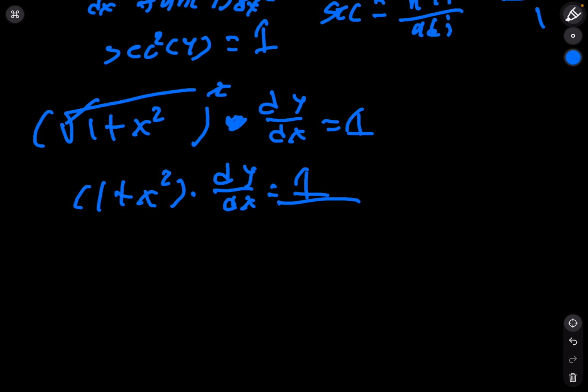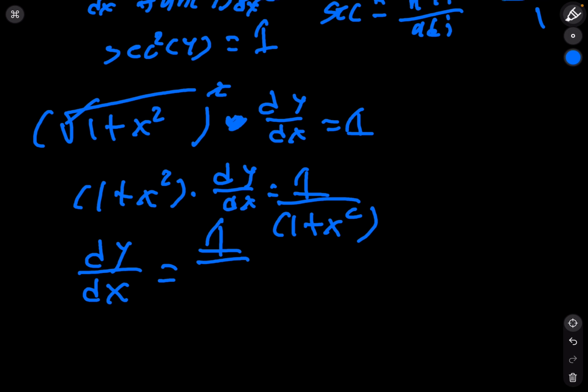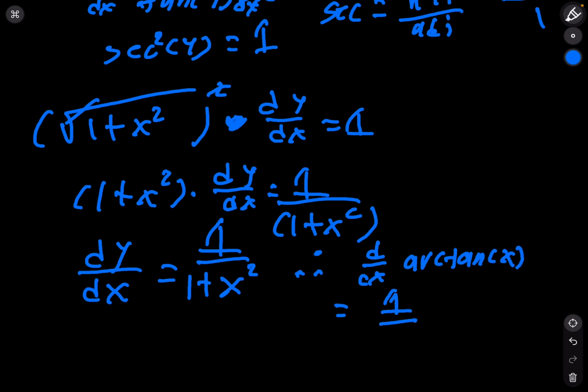And to leave dy/dx by itself, you just divide by 1 plus x squared. And then dy/dx is equal to 1 over 1 plus x squared. Therefore, the derivative of arctangent of x is equal to 1 over 1 plus x squared.